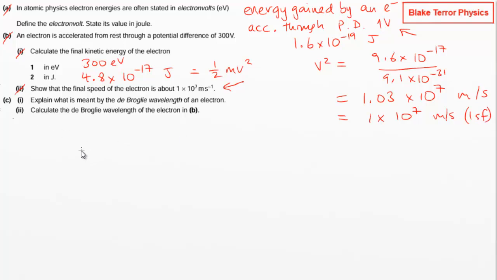Right, so far so good. Explain what is meant by the de Broglie wavelength of an electron. This is the wavelength of the wave nature of an electron.